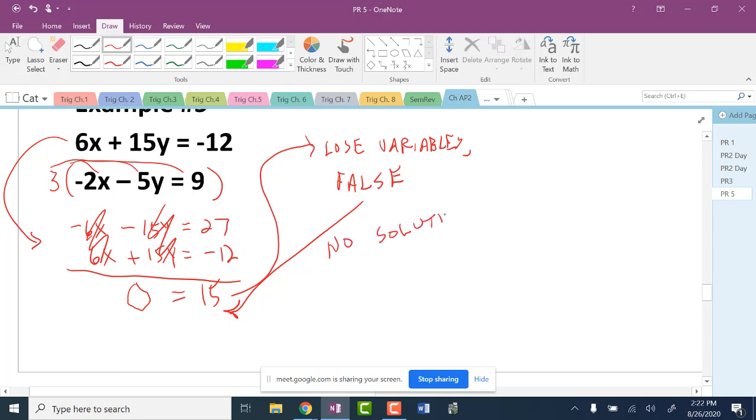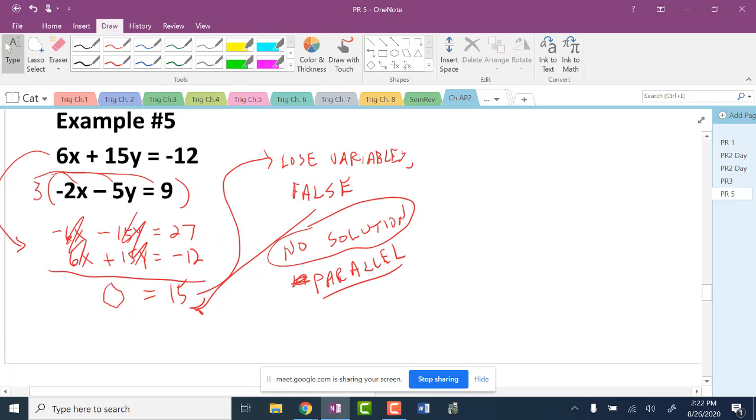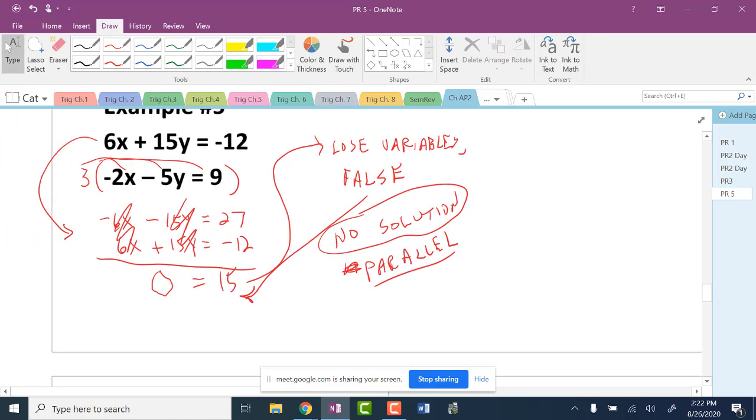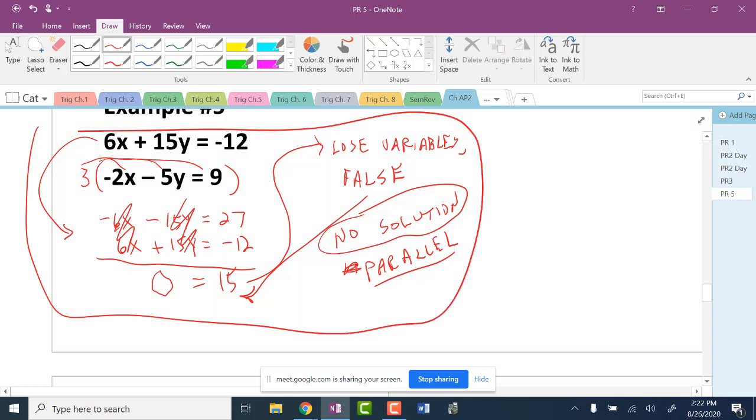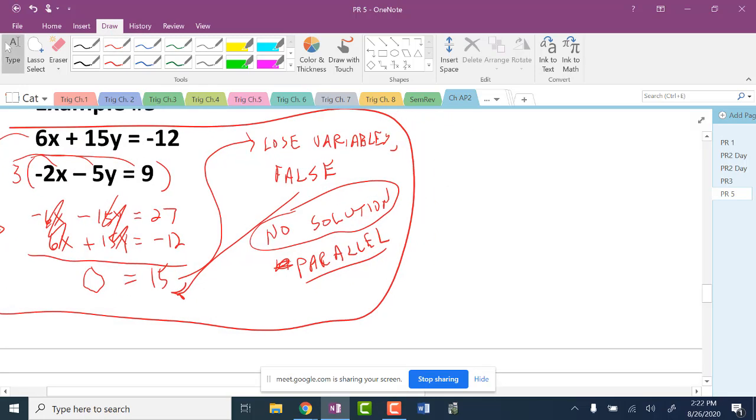But in the context of this question, it means the lines don't intersect. It means they're parallel. Absolutely. If I'm looking for where two lines cross and they're parallel, they never cross. So that's actually what happened in this scenario. Fine, you could just say no solution, but really in the context of this question, it means the lines are parallel.